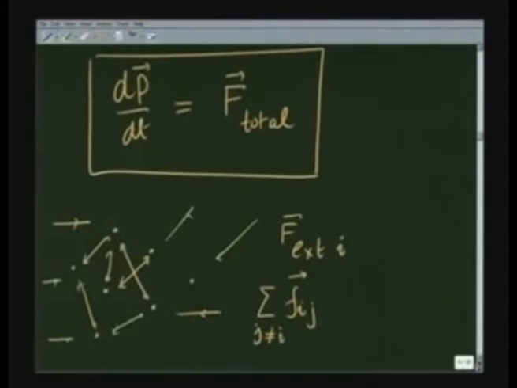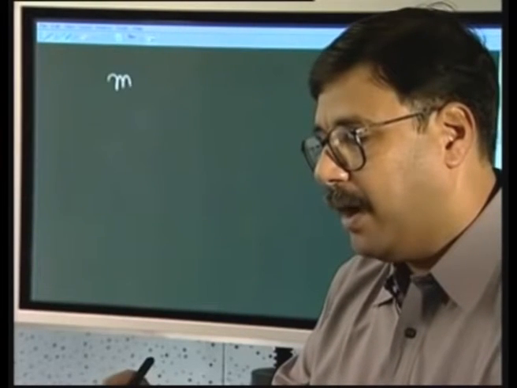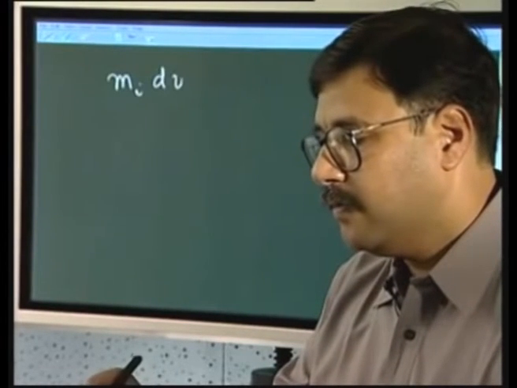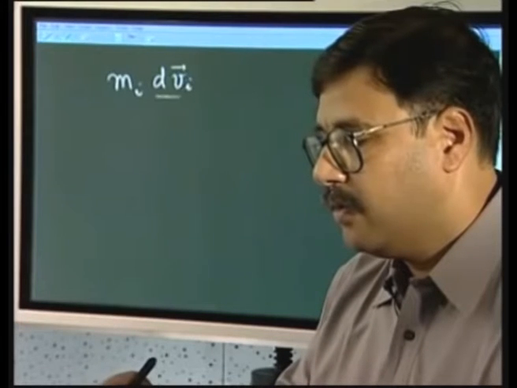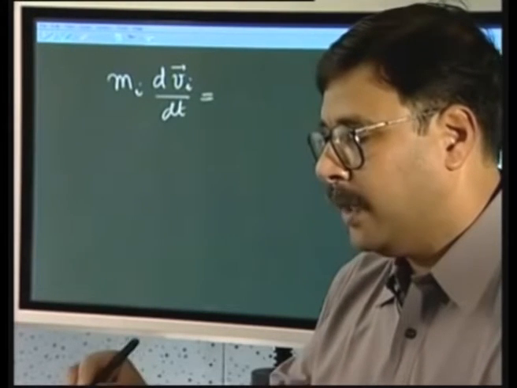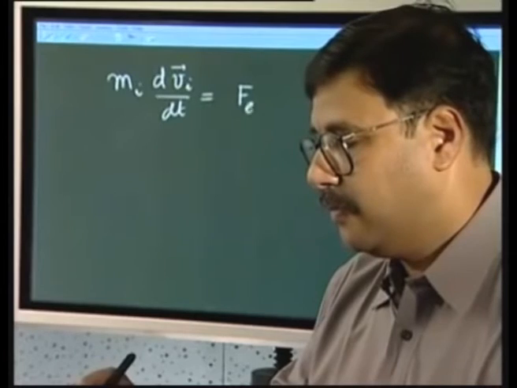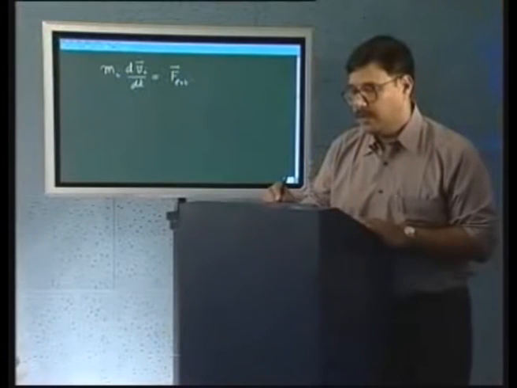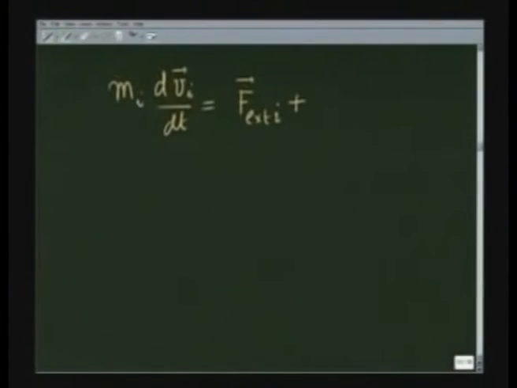So if I write the equation for the ith particle, it is going to be mi dvi/dt equal to F external on the ith particle plus the forces due to all the other particles, which is the summation over j, j not equal to i, of F ij.